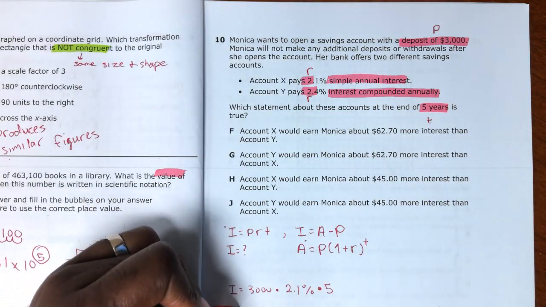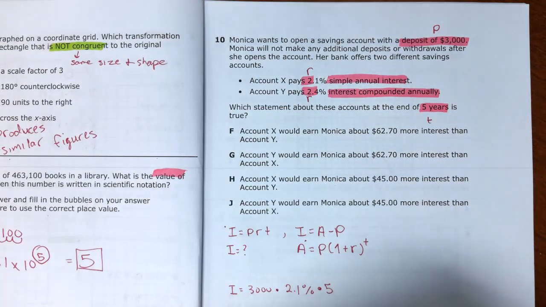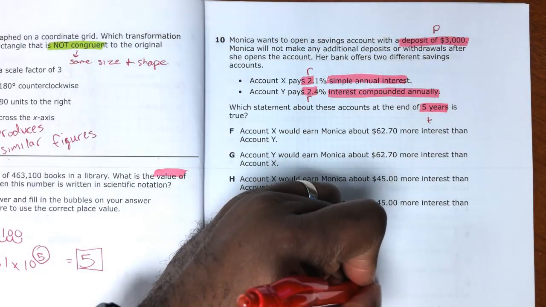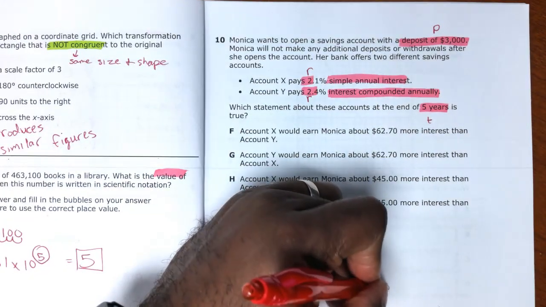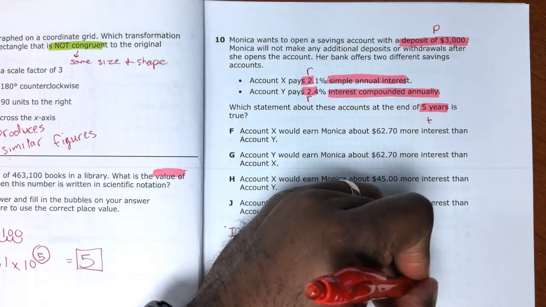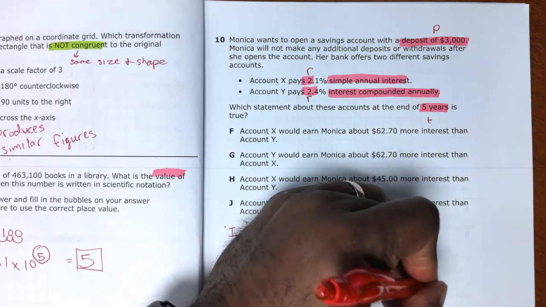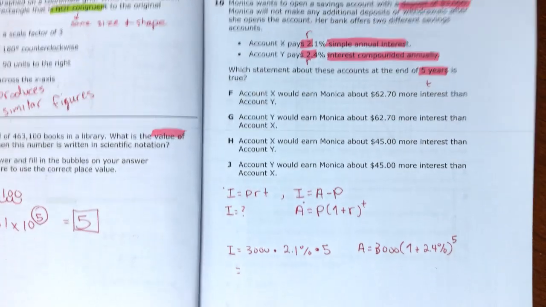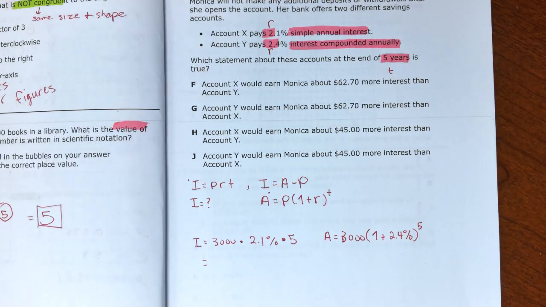On the next one, we have A is equal to 3,000 times 1 plus 2.4%, and that's raised to the fifth power. So we're going to get all of that in our calculator and we should be able to get our results.